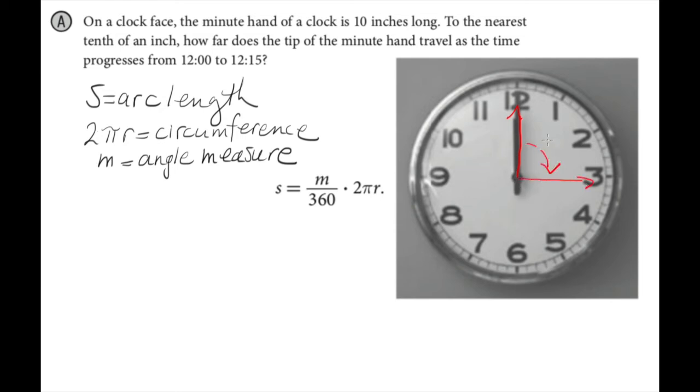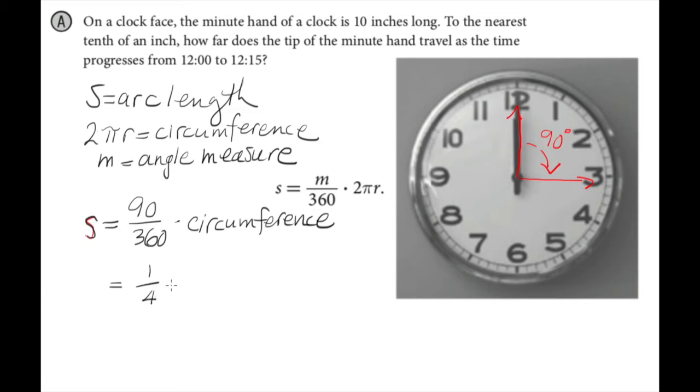So the minute hand is the radius, and as you travel from 12 o'clock to 12:15, that makes a 90-degree angle. So then you've got the variables you need to calculate the arc length. Just plug it into S equals M over 360 times 2 pi r.